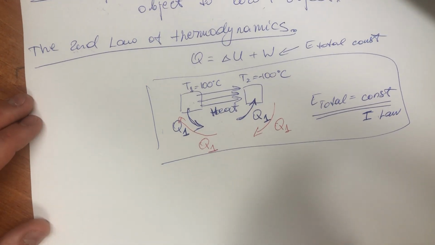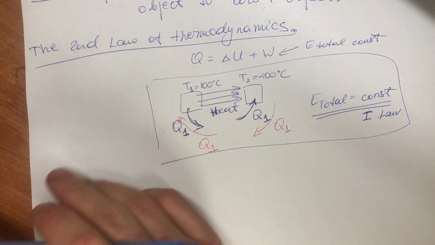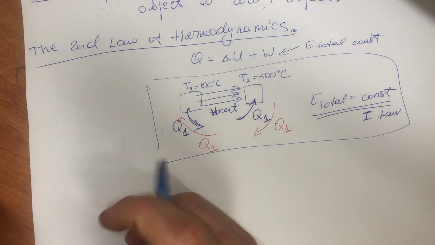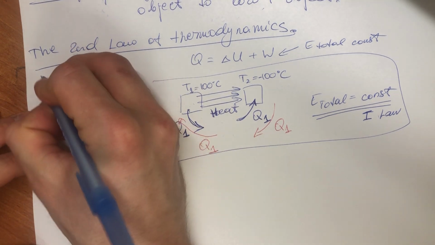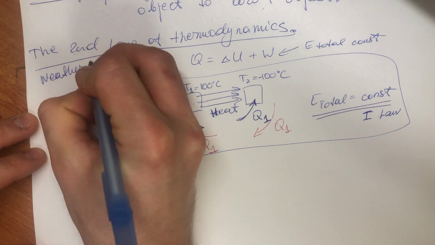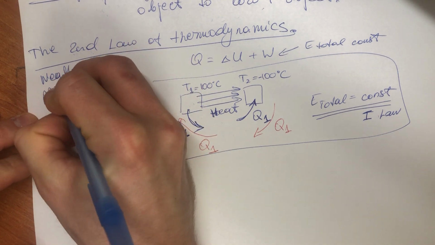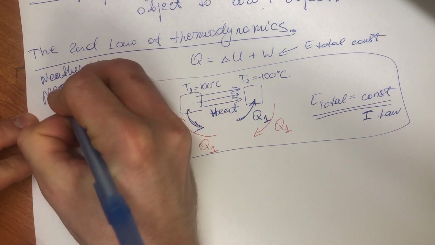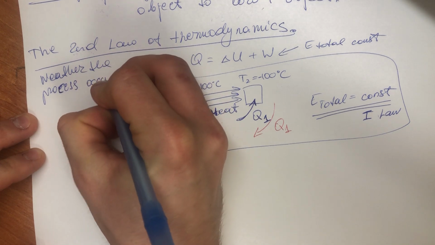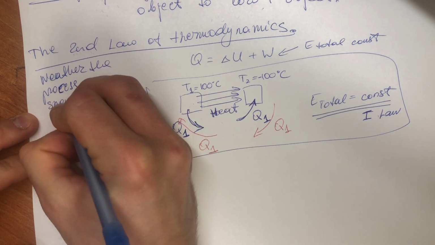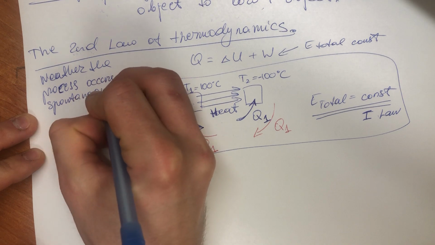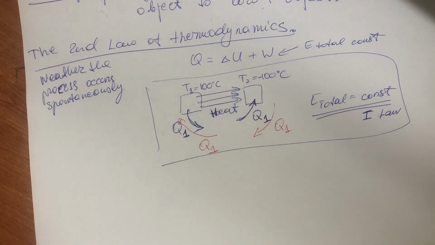So the second law of thermodynamics is about whether the process occurs spontaneously, because there may be cases different from everyday experience that we may not know.